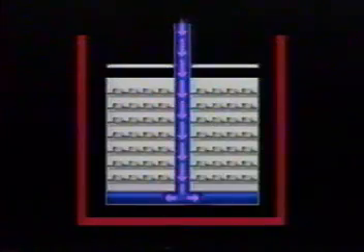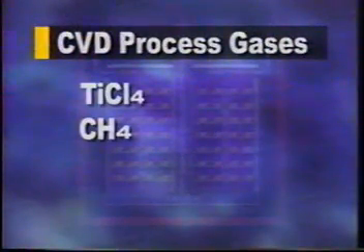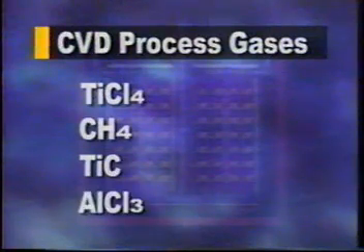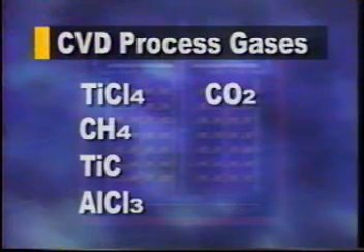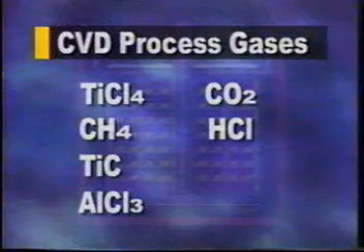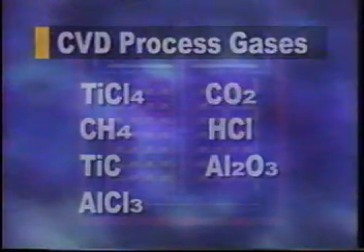Then, at a pressure of 0.1 atmosphere, reactive gases are introduced to deposit the initial coating layer. The gas mixture is changed to deposit each succeeding layer. For example, titanium tetrachloride and methane are used to deposit titanium carbide, while aluminum chloride, carbon dioxide, and hydrogen chloride are required to deposit aluminum oxide.